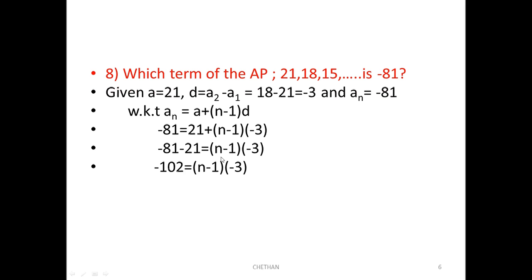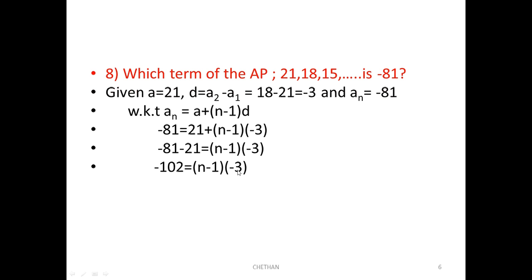Minus 81 minus 21, these two are negative integers. If we add two negative integers, we put the negative sign and add the two numbers. That means minus 81 and minus 21 becomes minus 102, equals n minus 1 into minus 3.